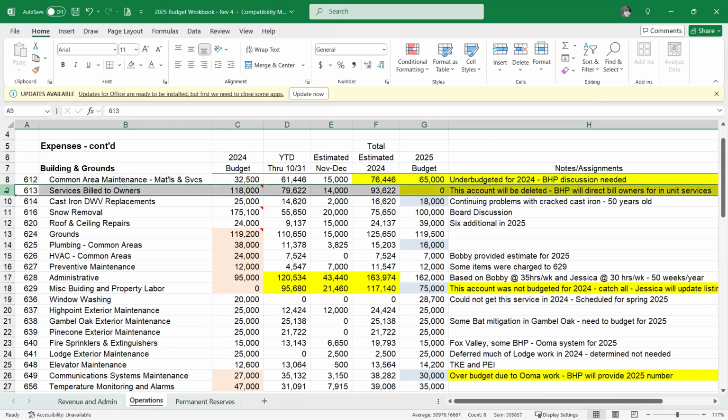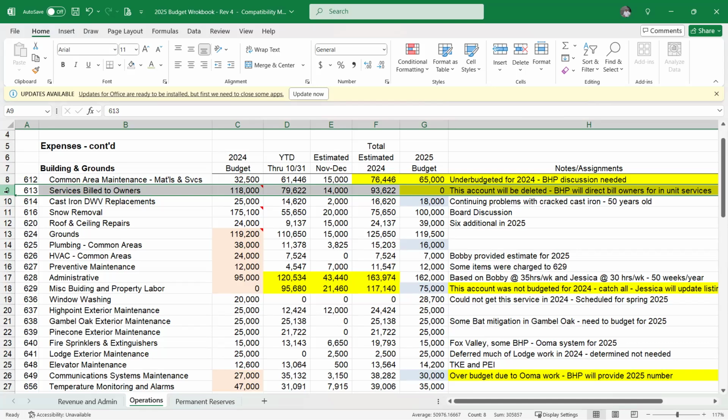Okay. 613, services billed to owners. This is where BHP provides a service, work done inside an owner's unit, and then it gets back billed to the owners.